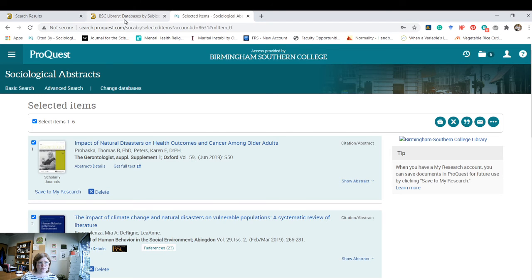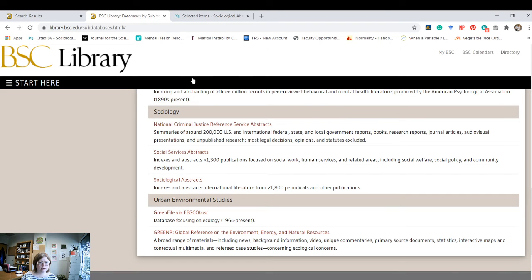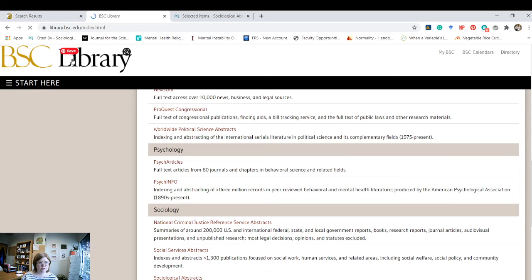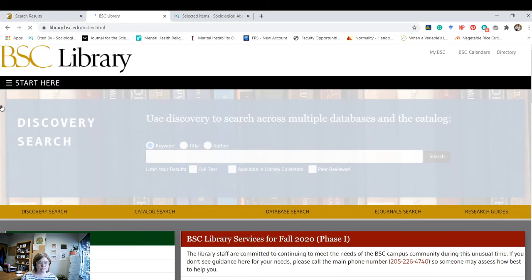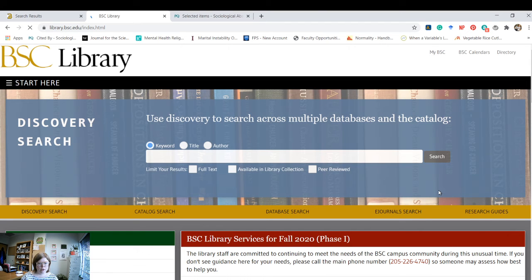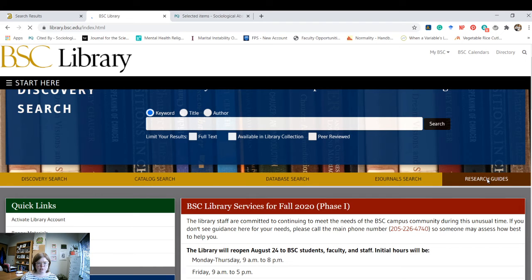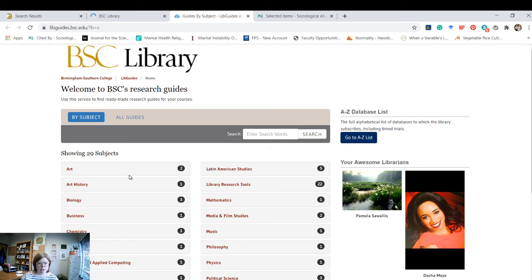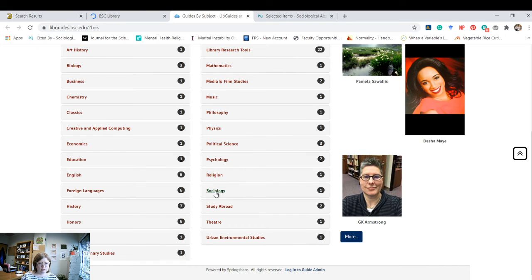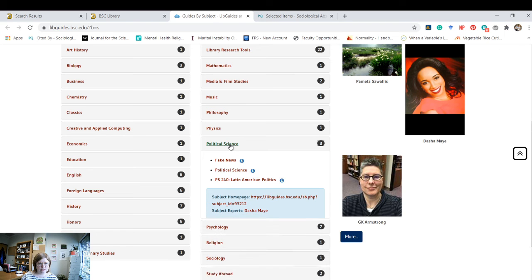Also, if we go back to the library homepage, you can go to Research Guides, select all subjects. You can go to sociology or political science research guides.